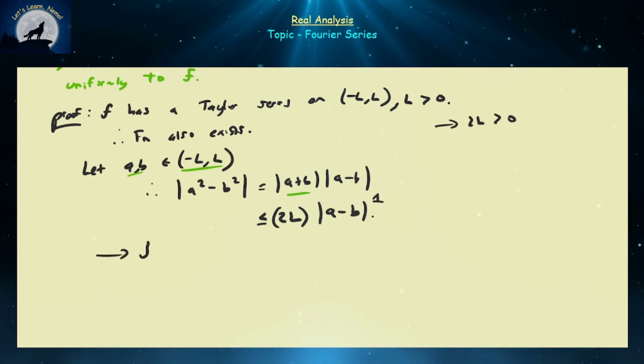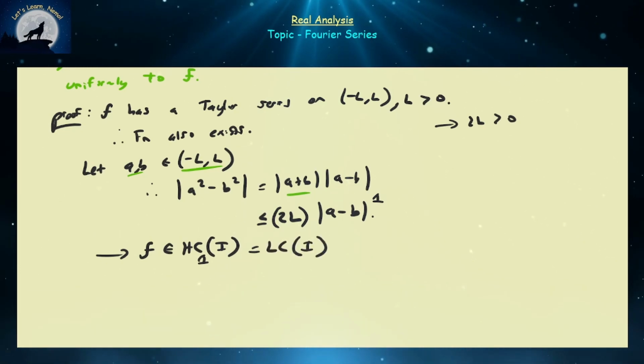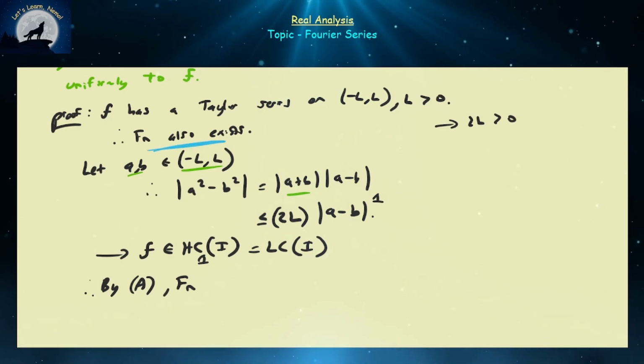So that means that f is Holder continuous on I, Holder continuous of order 1, moreover it's Lipschitz continuous on I. So therefore, by that first theorem, we have that the Fourier approximation that is guaranteed to exist above converges uniformly to f on I.